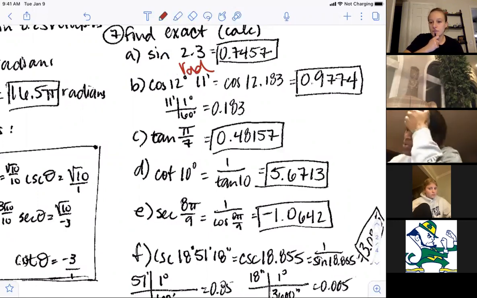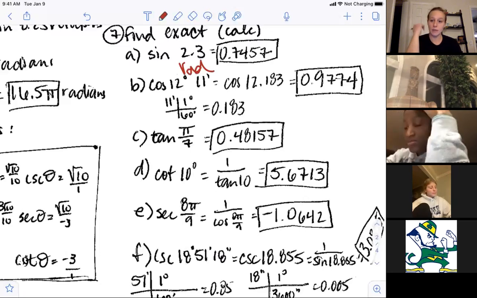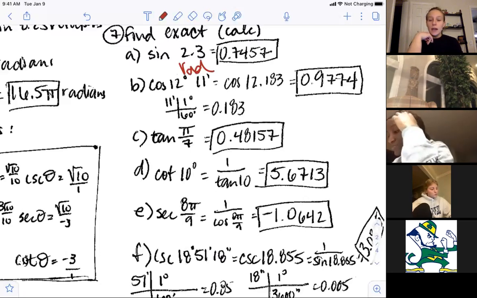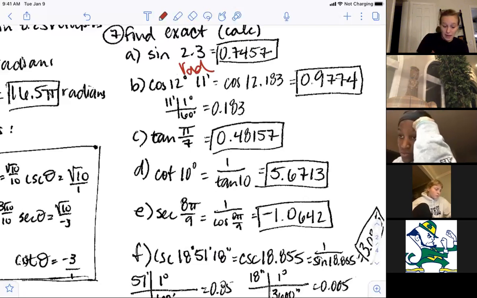How do you know when to be in radians or degrees? Good question. If the problem gives you degrees, then we have to be in degrees. If the problem is in radians, then we need to be in radians. So just match whatever the problem says. Letter A, you might have thought it was degrees because it has no pi with it. You're like, oh, there's no pi, it must be degrees. Well, there's no degree sign behind it. If there's no degree sign, that's not degrees, it's radians.